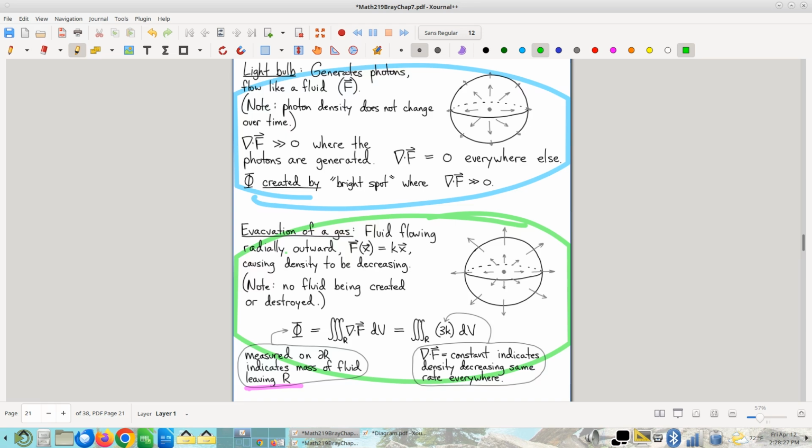So the density is constant when you're talking about the photons. Not here, not when you're talking about the gas. When you're talking about the gas, the density of the fluid is literally changing. So these are fundamentally, physically different fluids, and so that's why we get different physical interpretations of divergence. But I think it's really healthy to be aware of both of these, so that you know how to make interpretations appropriate to your context.